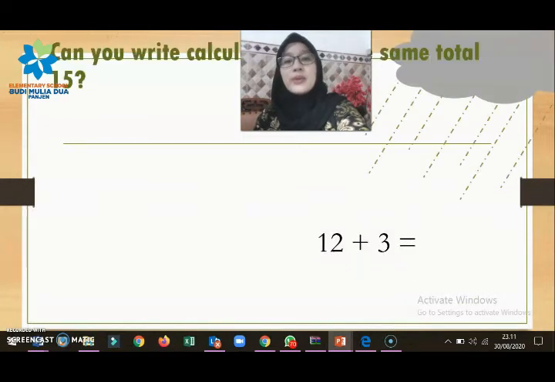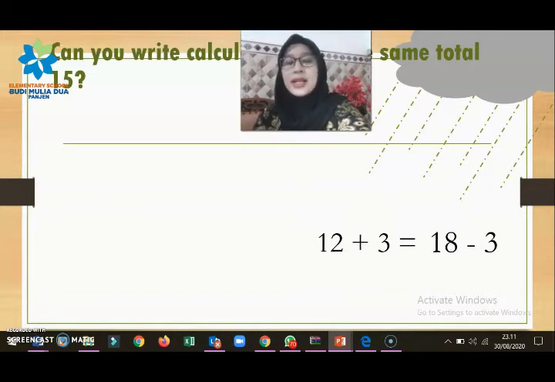Nah, can you write calculation with the same total 15? Yeah, the other is 12 and 3. And then, what additions that has the same total? Okay, you can write down the subtraction form.